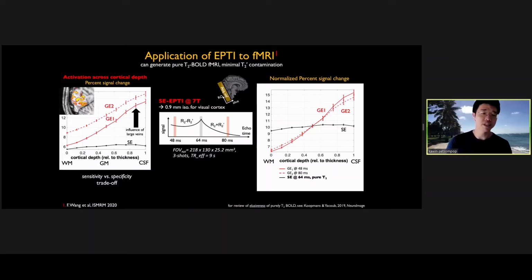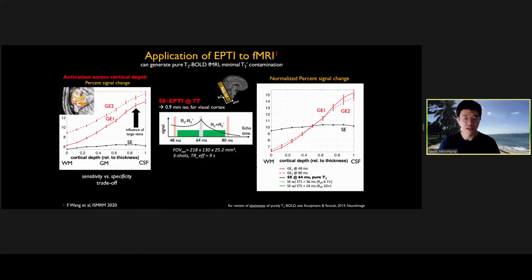Moreover, with the EPTI approach, you also get the full KT data, and this gives us the opportunity to extract out data of what it would have looked like if we were to acquire the standard multi-shot EPI approach. So we extract 2 sets of data out of this full KT data.